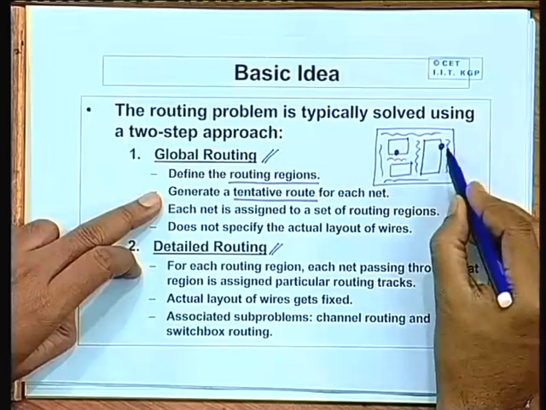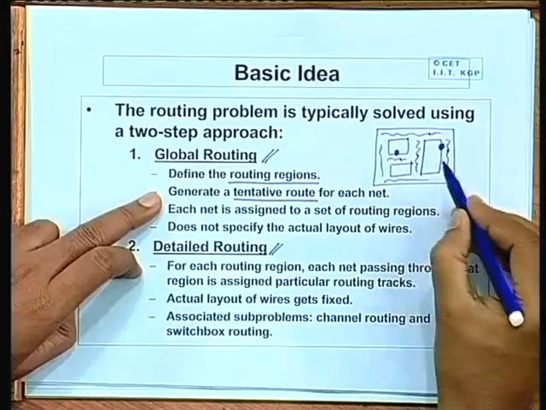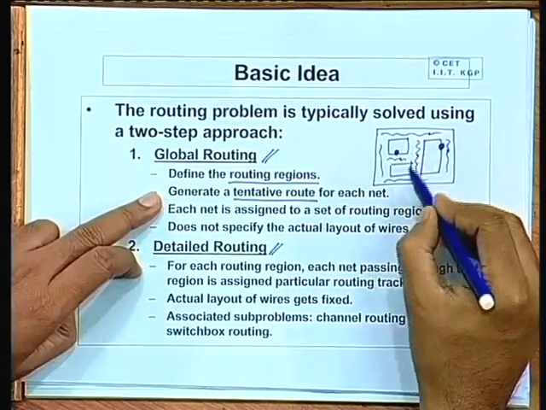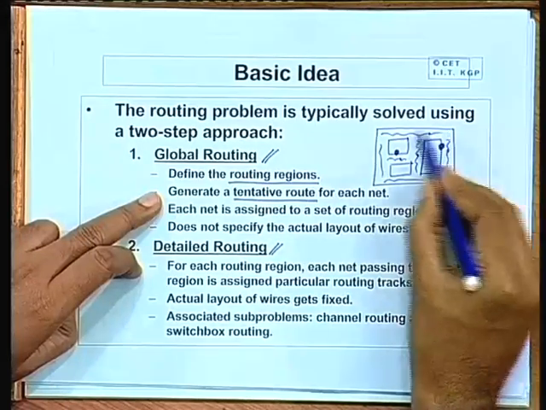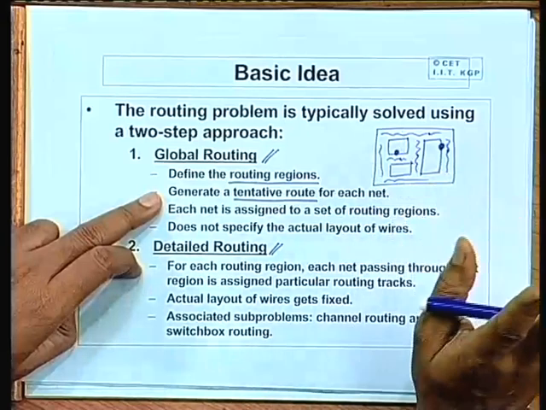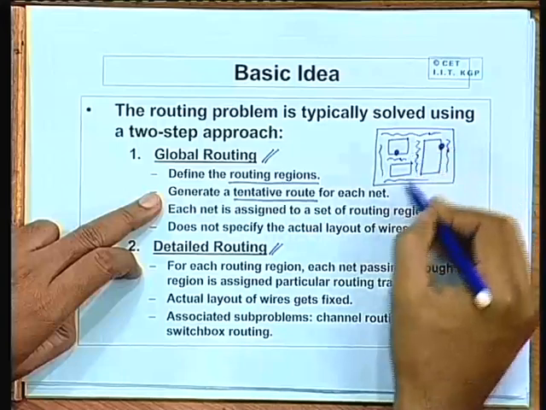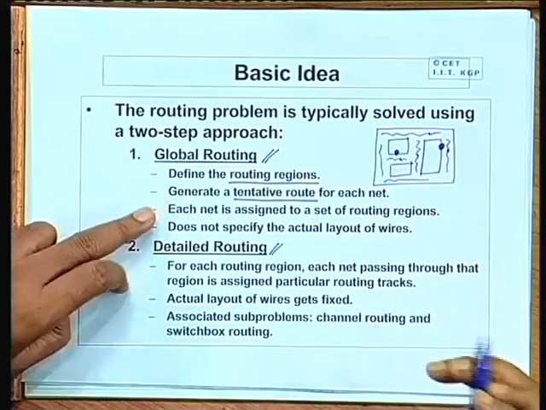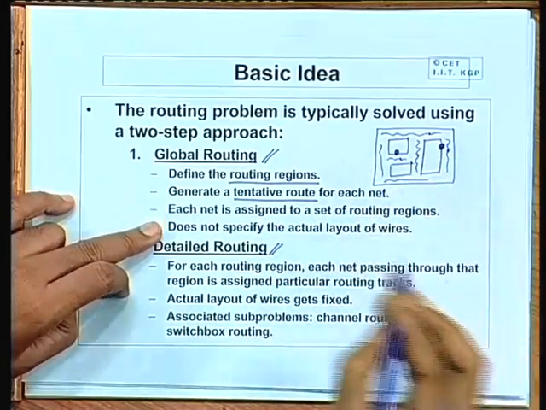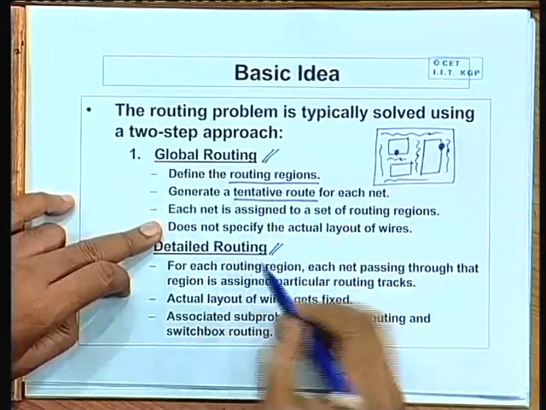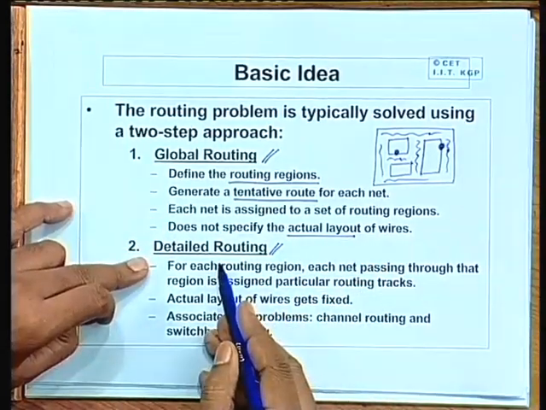For example, I can say you first come here, then come here, then come here, then come here. So, we specify a sequence of routing regions for the net, but we do not specify the exact geometric layout of the wires as yet. We just give a tentative route that this is the path you will take. Now, each net, as I said, is assigned to a set of routing regions like this, but this global routing does not specify the actual layout of the wires. That is done only in the second step.